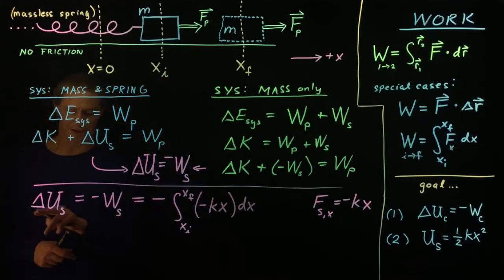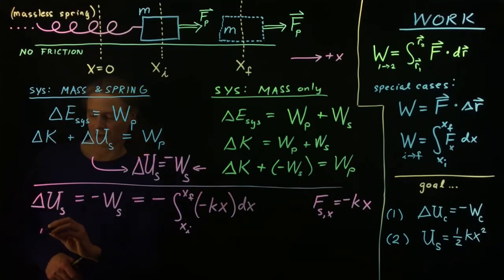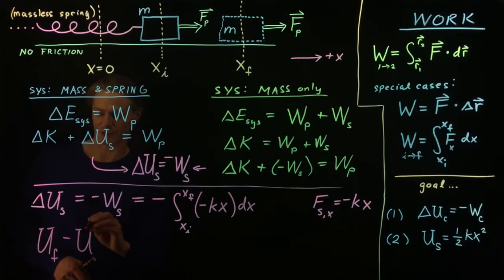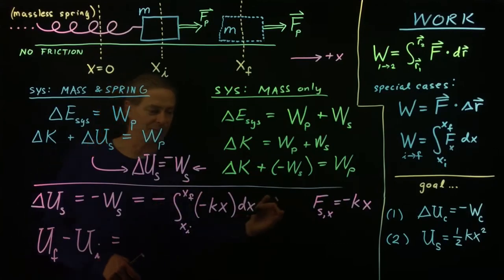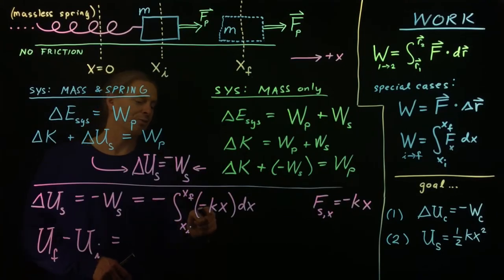So first, let me just pack out what change in potential energy is. That's just potential energy final minus potential energy initial. All that will equal this. Now I've got minus and a minus, so those will cancel. I've got integral kx dx.